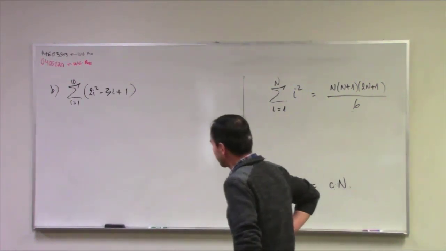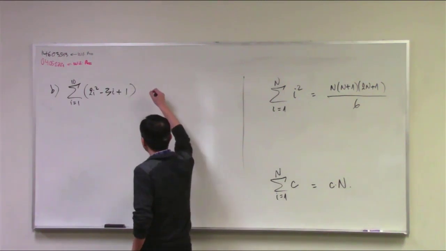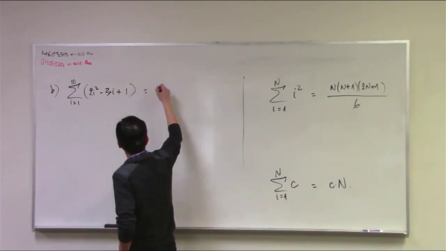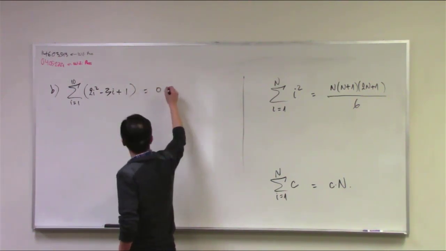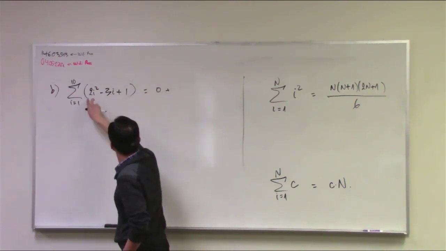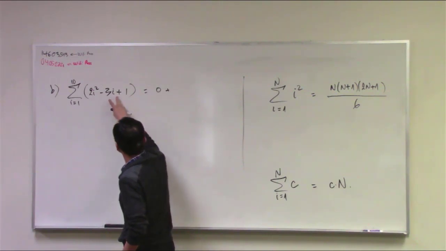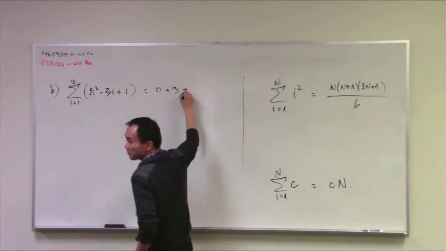As far as writing down the terms here, when i was 1, we got 1 squared times 2, right? And that first one right there, 0 is the first term. When i was 2, you got 8 minus 6 is 2 plus 1, that's 3 right here. You guys see what I'm saying now?